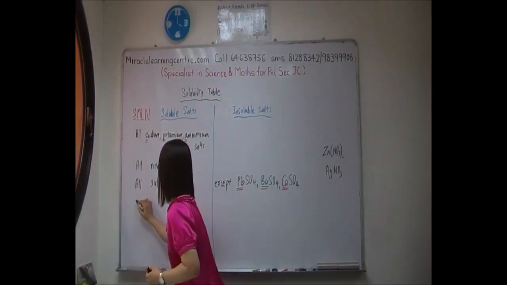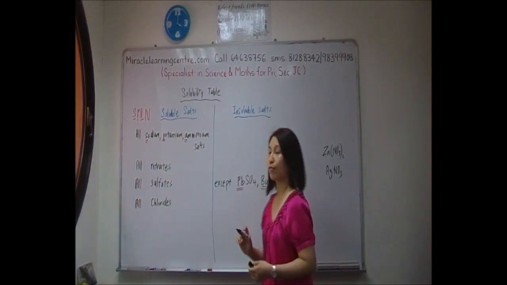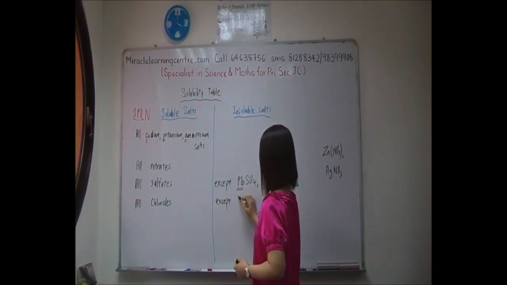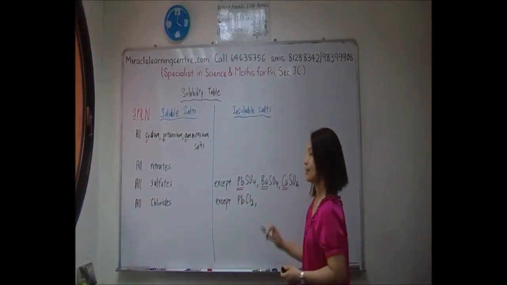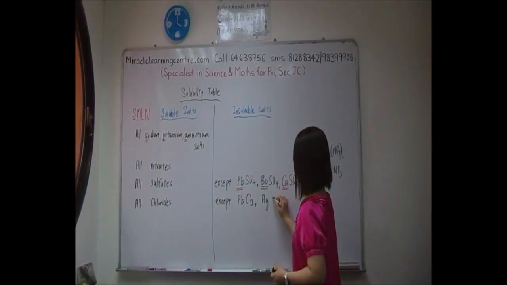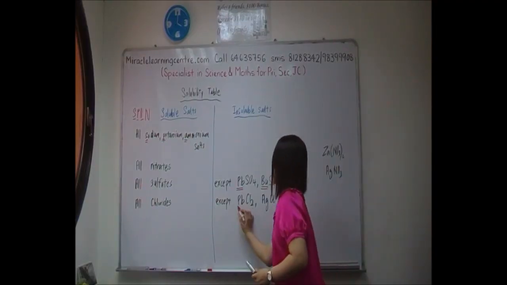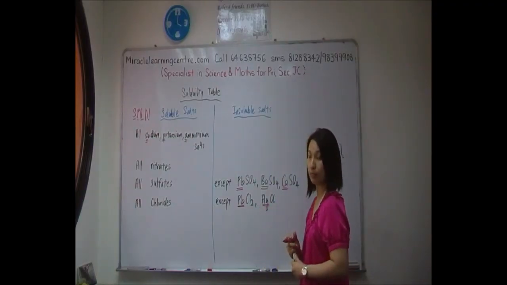All chlorides are soluble except for lead chloride and silver chloride. Lead chloride and silver chloride are insoluble in water.